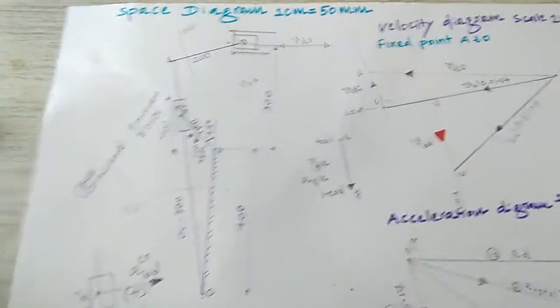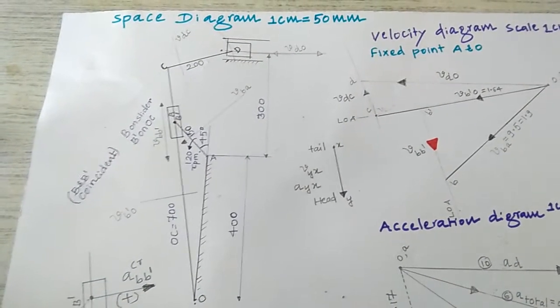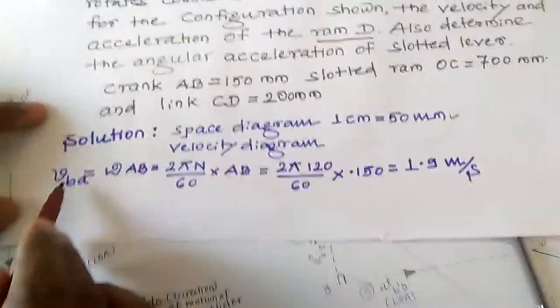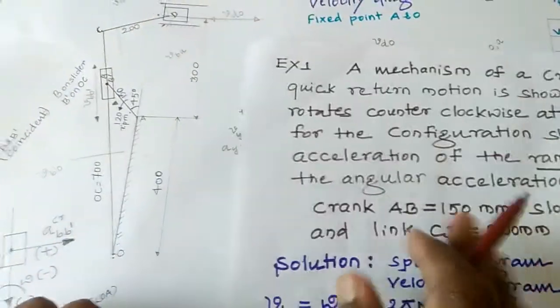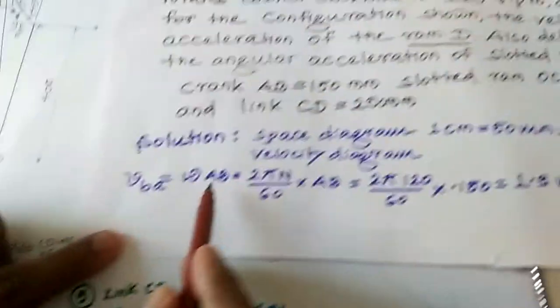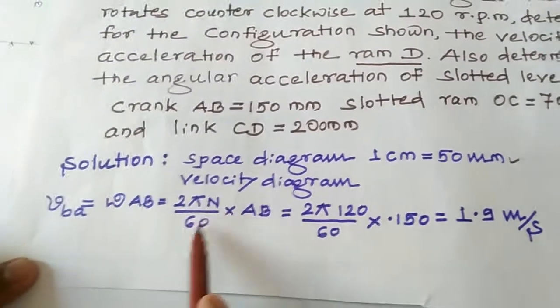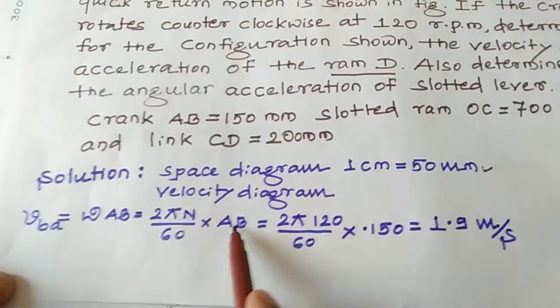Before this, I will first go to the velocity diagram. For the velocity diagram, for the link AB, the rotation omega is given and the length is also known: velocity of B with respect to A equals 2 pi N divided by 60 into AB.